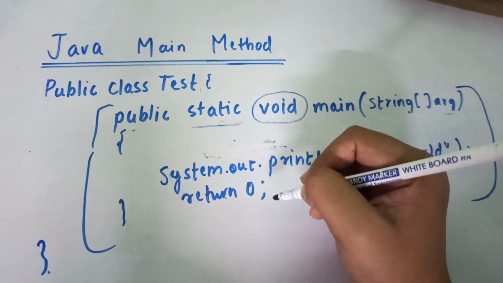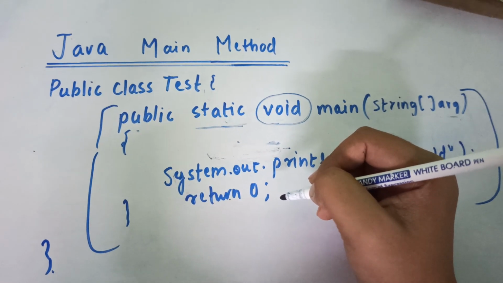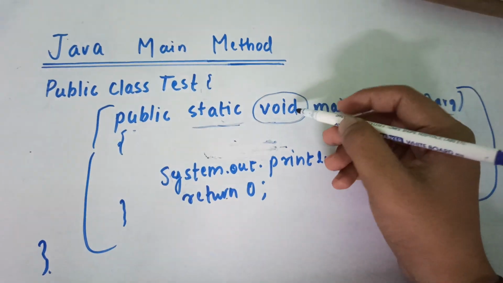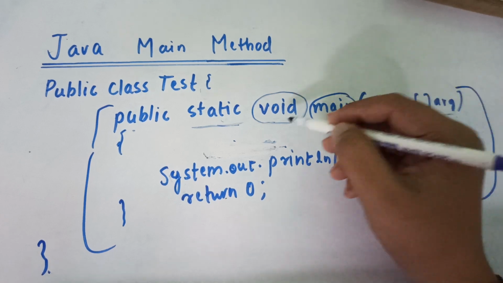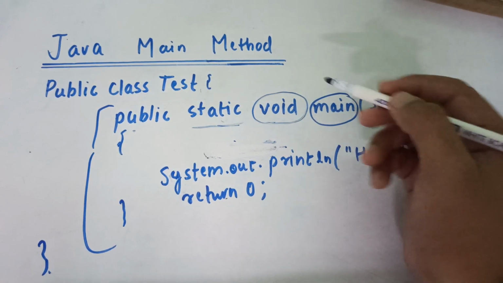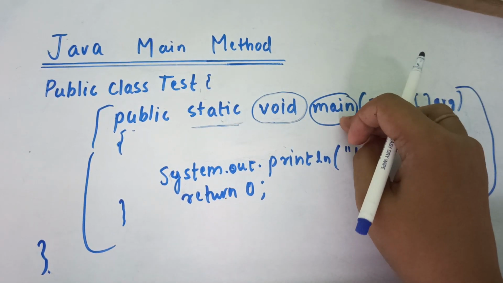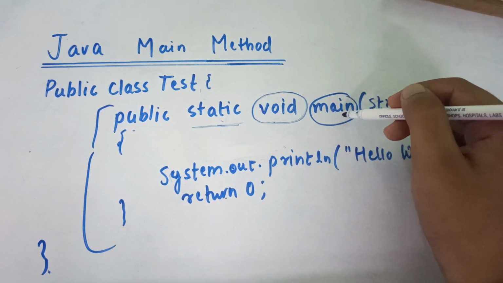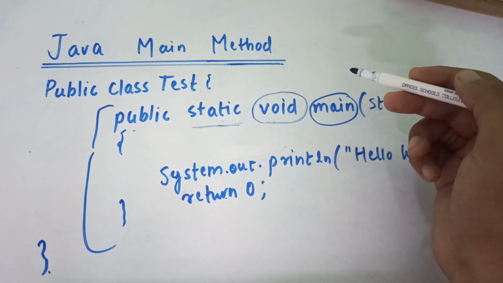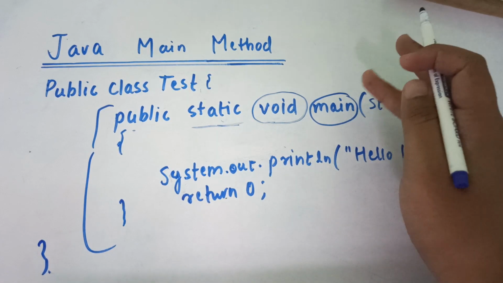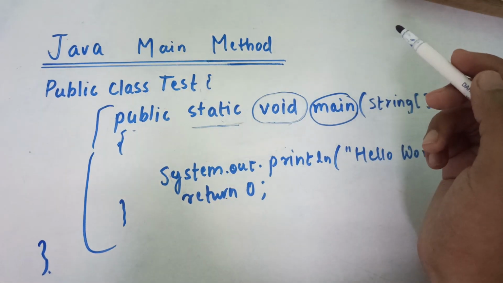You will face an error saying incompatible types or unexpected return value. So you can't return in void functions. Since the main function doesn't return any value, we have to keep it void, because other functions that return values, we call them from the main function. So that's why we have to keep it void. Understood?